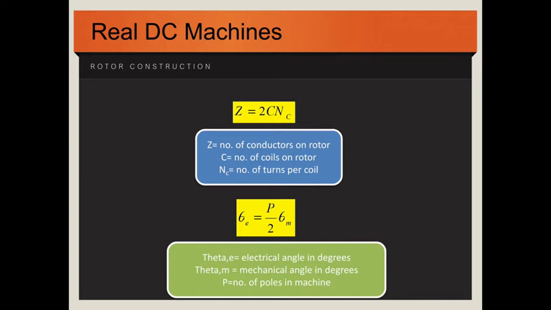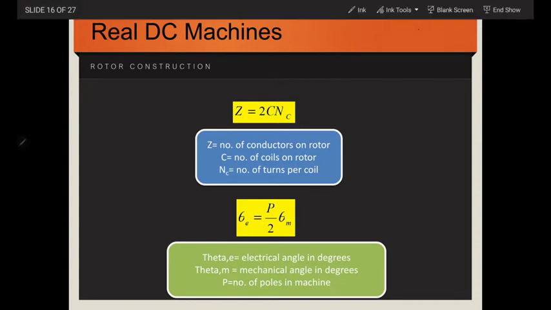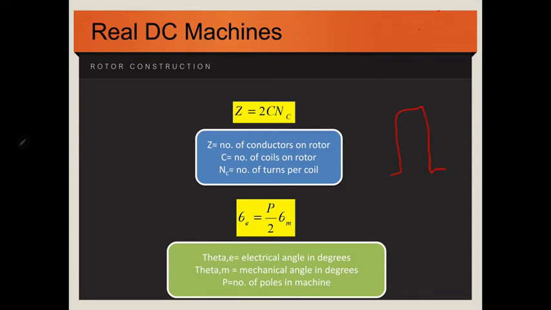Okay, so to know how many conductors, because for a single coil we know that there are two conductors, right? Remember with the single coil we have sides A, B, C, D, and there are only two conductors here contributing to the induced voltage that we have from the machine.